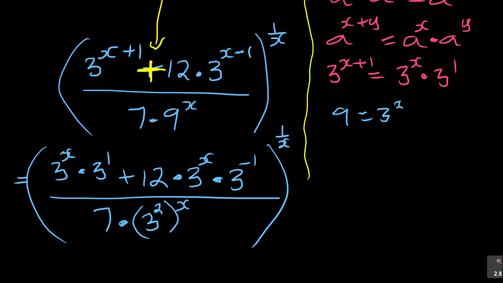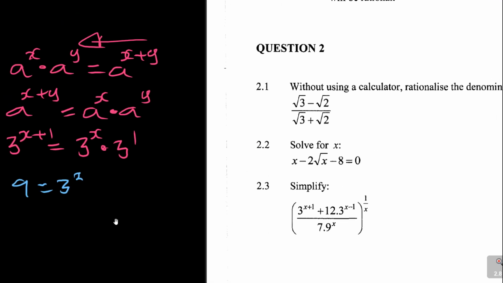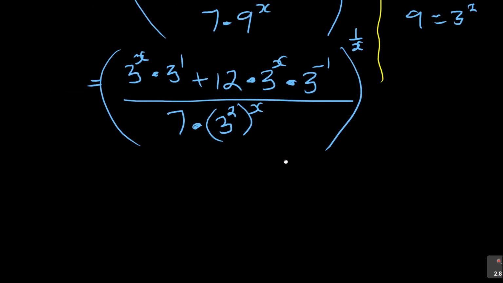Are you seeing that? Just to check if we got everything. Yes, that's that. Now look at this. When I've managed to do that, as I told you, you are going to factorize at the end of the day. If I look at the top, I can see that 3 to the power x is common.